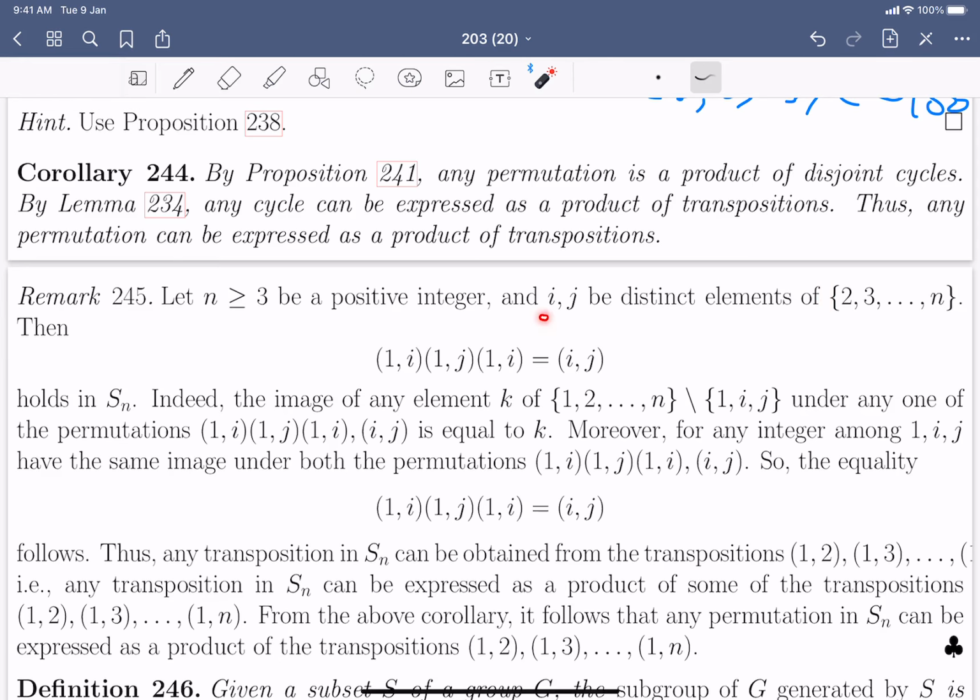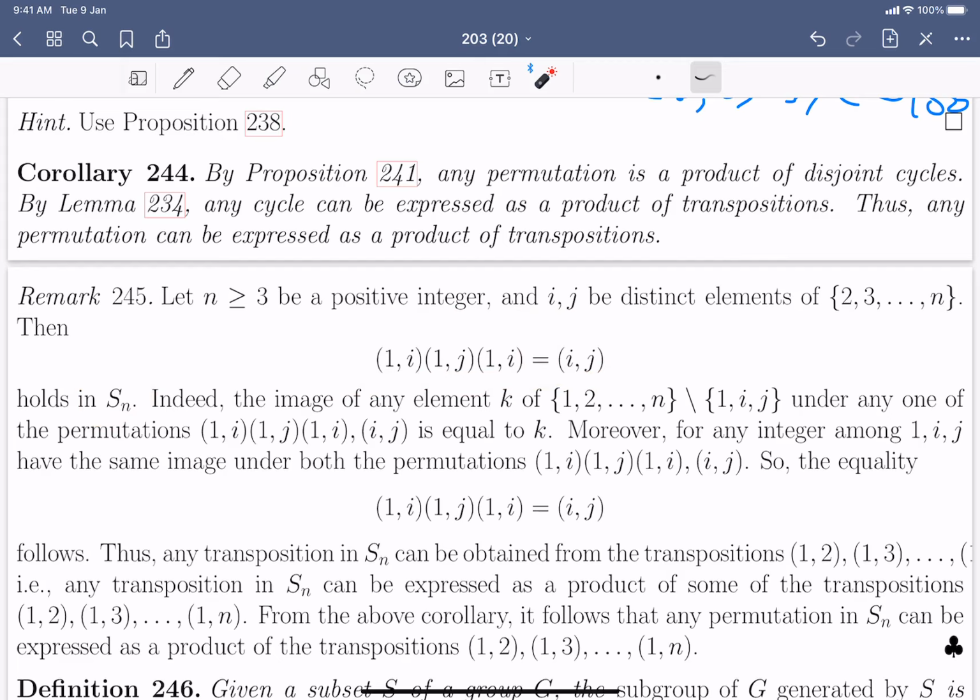I want to take integers i and j larger than 1. Then if you look at the product of these three transpositions, you can see that this product is equal to the transposition i comma j. This is straightforward to see. Please try to establish this equality, and show that it holds inside the permutation group Sn.